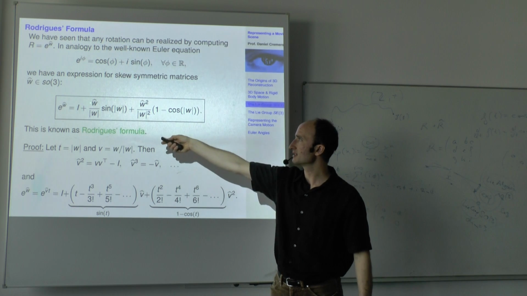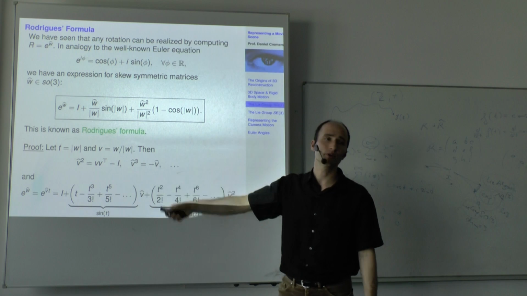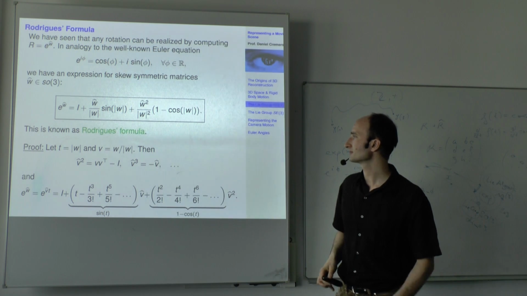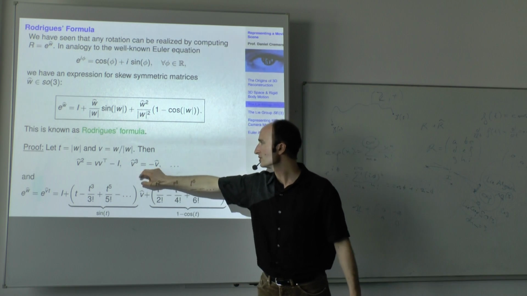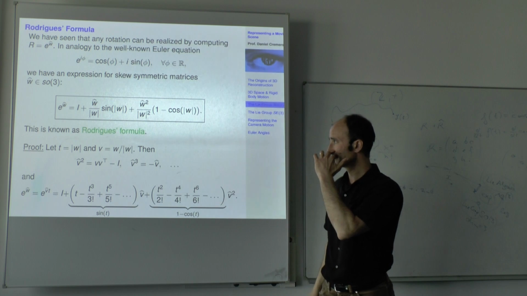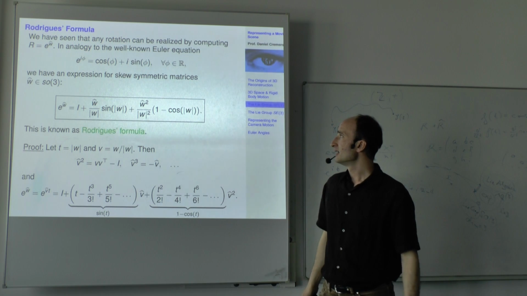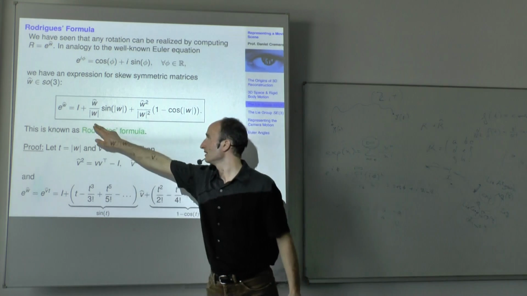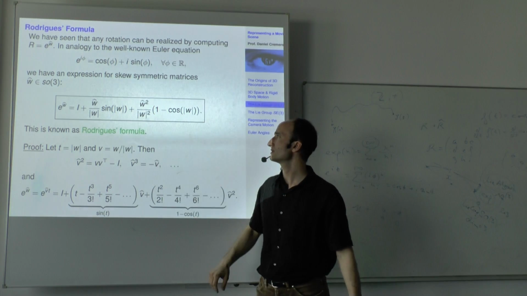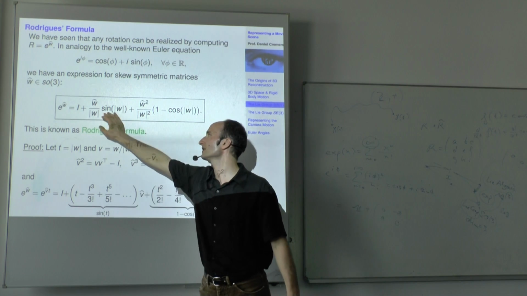Basically W hat cubed is then again proportional to the unit matrix, etc. Sorry, the cube is proportional to the matrix itself. And so you have the unit matrix, the skew-symmetric matrix, the square of that skew-symmetric matrix, and the rest are just real numbers.